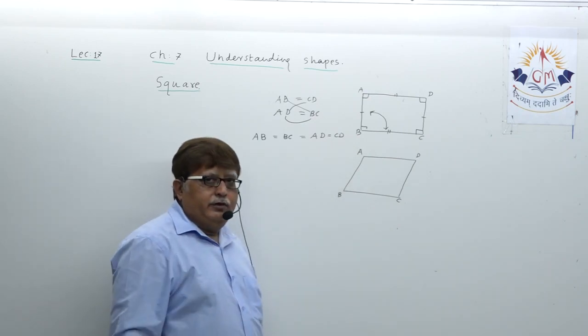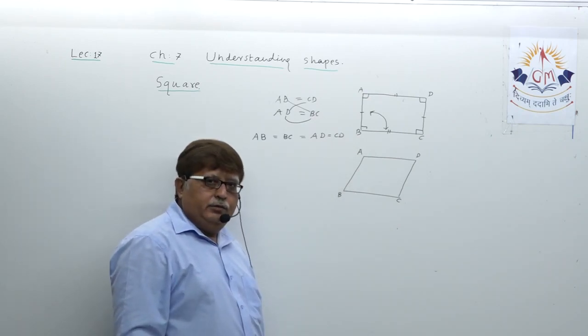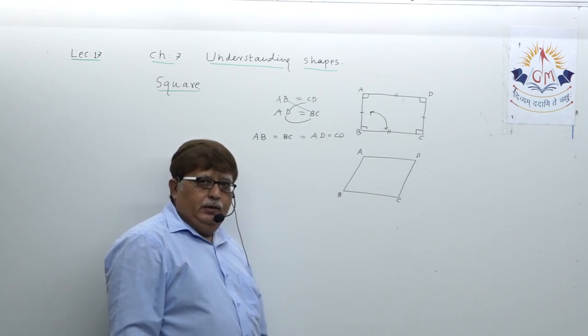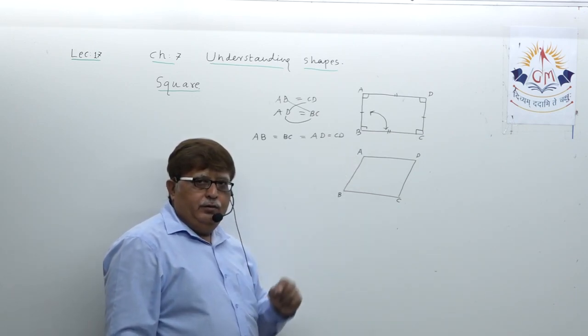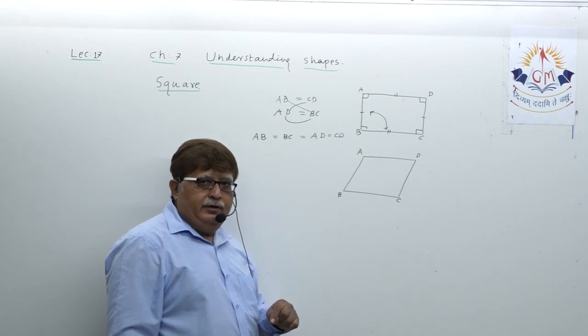So all sides became equal. All angles were already right angle, which is also the case in square.